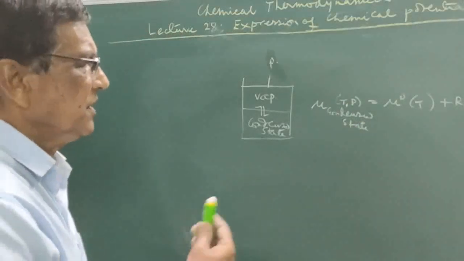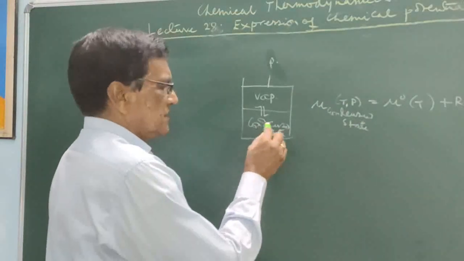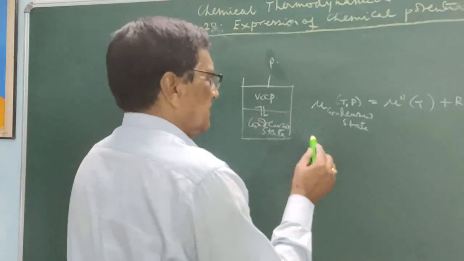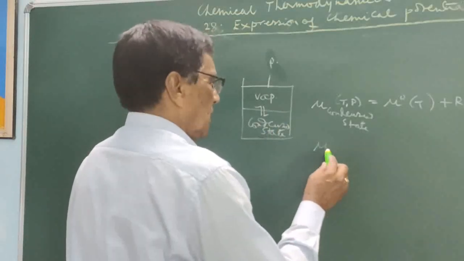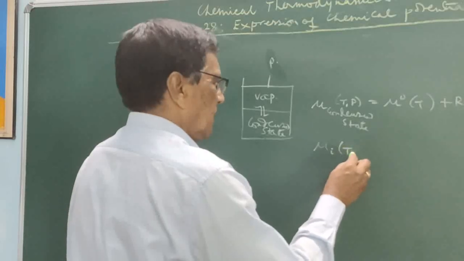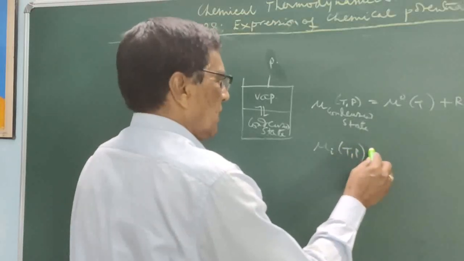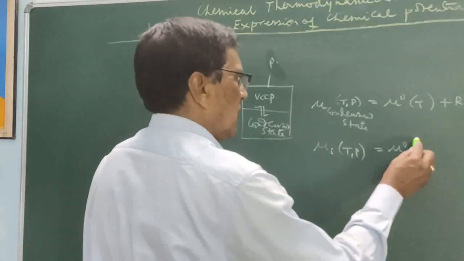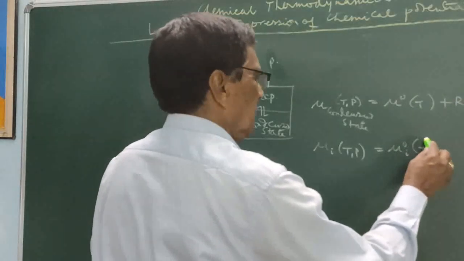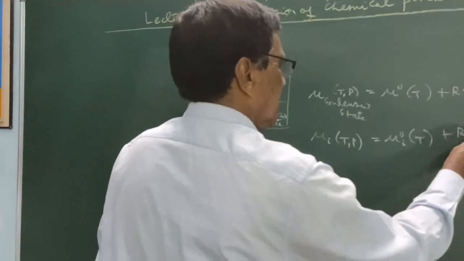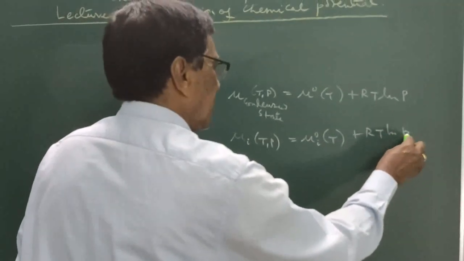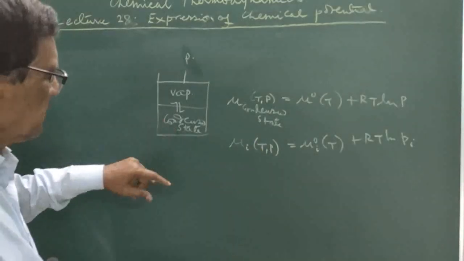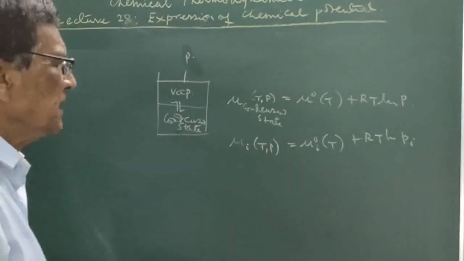So for the mixture, if several substances remain in the condensed state, then it will be mu i(T,P) in the condensed state equal to mu naught i(T) plus RT ln Pi, the partial pressure of this ith component in a mixture of this condensed state.